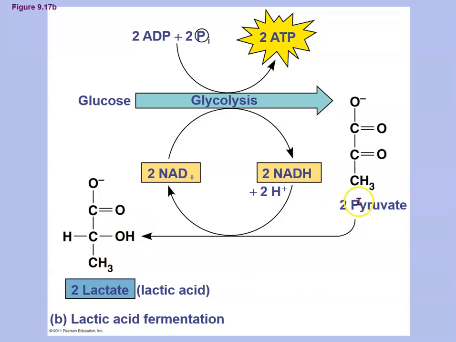So literally, pyruvate and the molecule lactic acid, actually called lactate, really are not that different. Lactic acid just has an extra H on it. So pyruvate accepts the H, so NAD can get back in there and keep glycolysis going. But pyruvate becomes lactic acid. And this will generate only 2 ATP, which is not a lot.